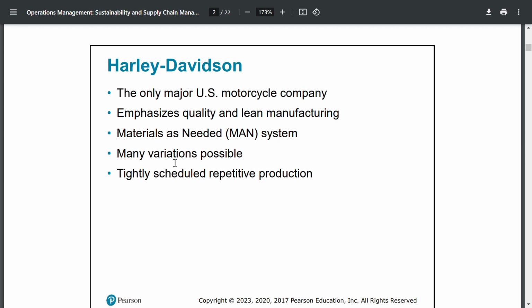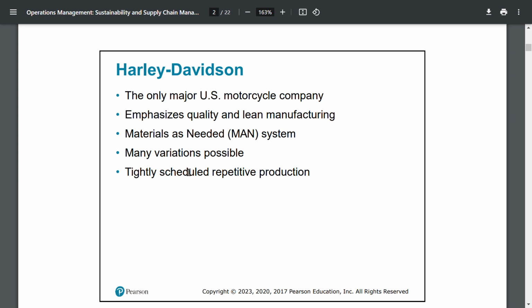Basically, it's a system that produces depending on the availability and the need from the customers, and the materials are provided as needed for production.